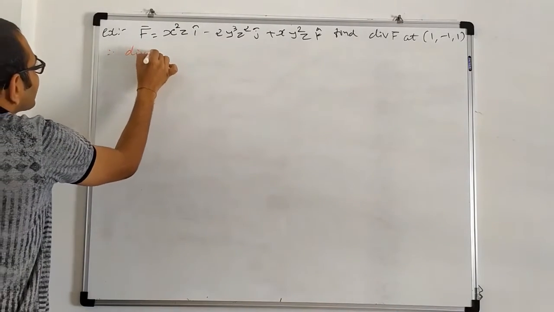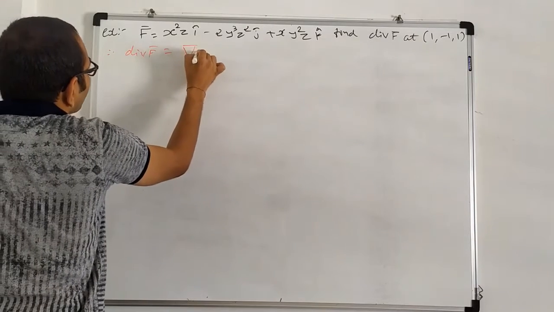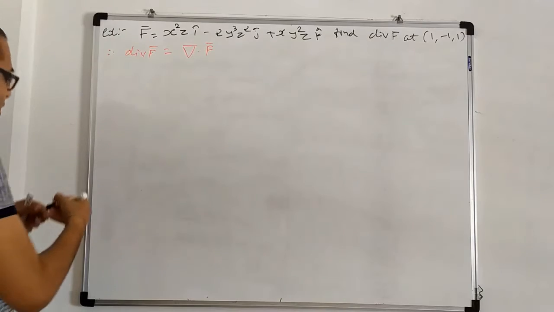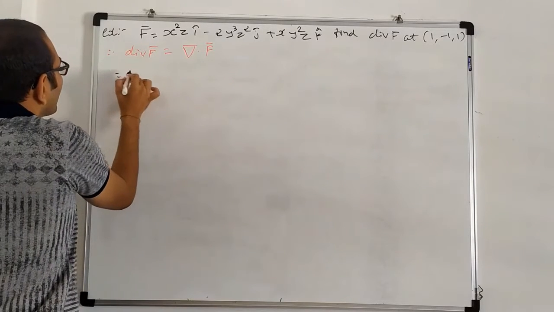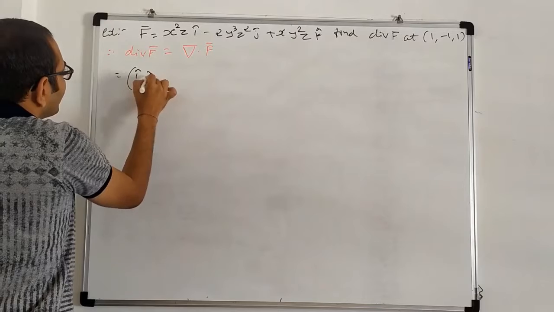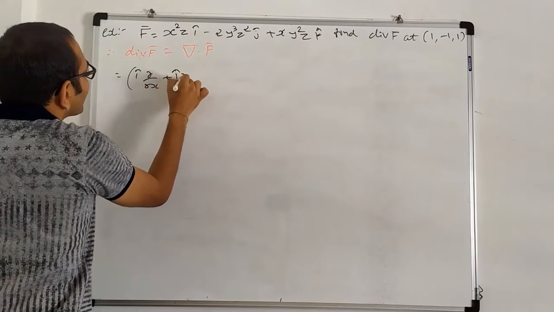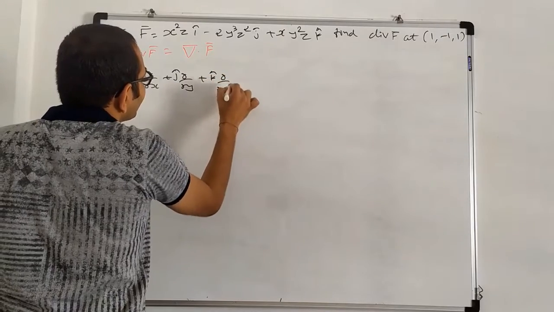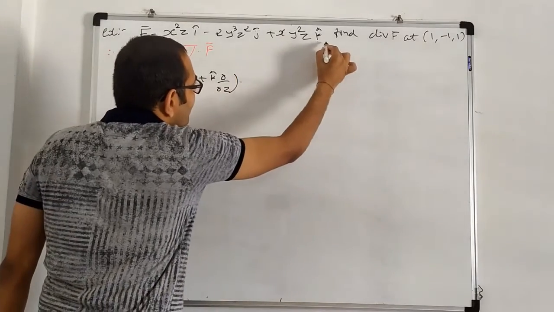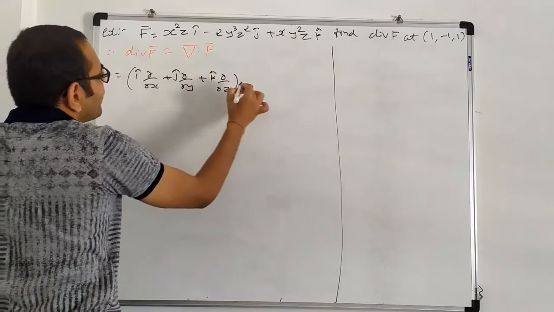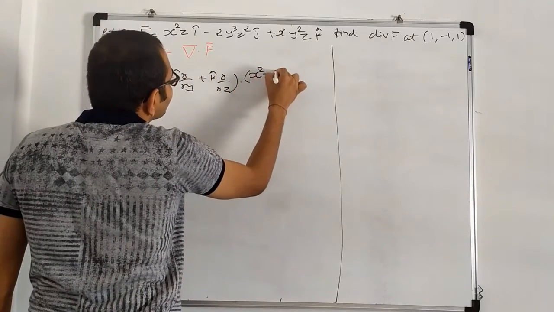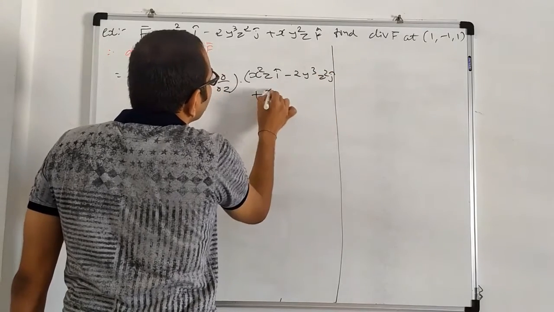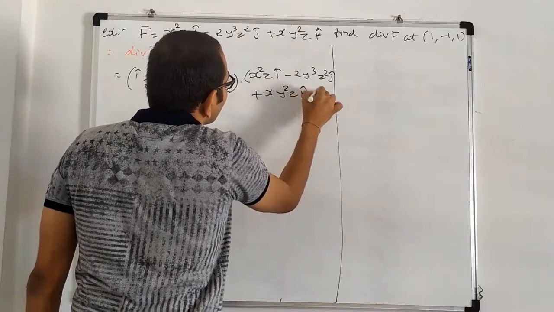Then formula of divergence of f bar equal to del dot f bar, means i cap del by del x plus j cap del by del y plus k cap del by del z into f bar, that is x square z i cap minus 2y cube z square j cap plus xy square z k cap.